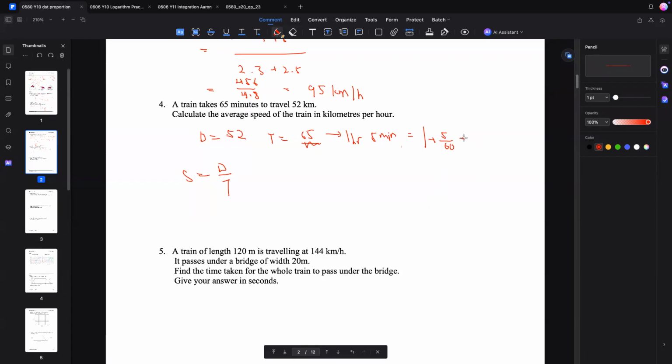So it's 1 plus 5 over 60, which is 0.083. Okay. 1.083 is okay. Yes, 52 divided by 1.083, you get 48. Everyone got the same?